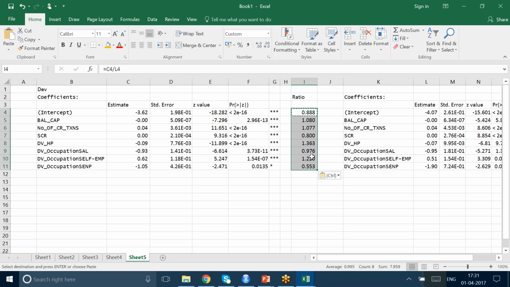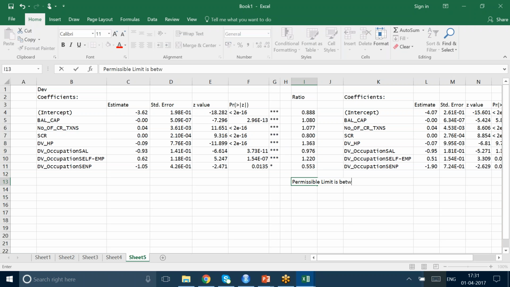All these values are close to 1. Occupation, only the last category is 0.55. What I said, the ratio permissible limit is between 0.5 and 2, because 1 divided by 0.5 is 2 and 1 divided by 2 is 0.5. So the permissible limit is 0.5 and 2.